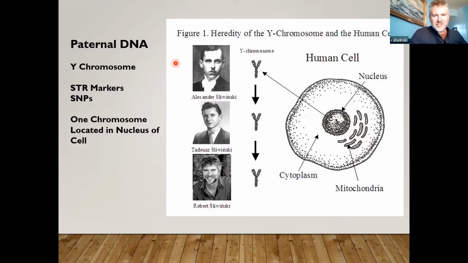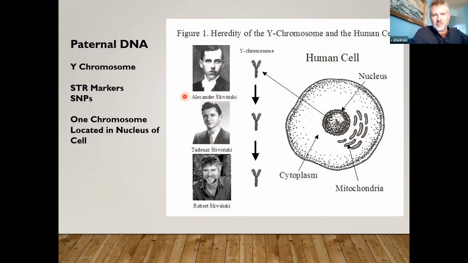This is an image that shows myself, my father, Tadeusz or Tad, and his father, Alexander Slowinski. It shows that the Y chromosome is passed from Alexander to Tadeusz to me, pretty much intact.